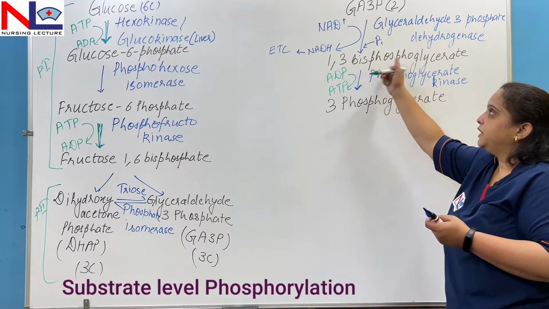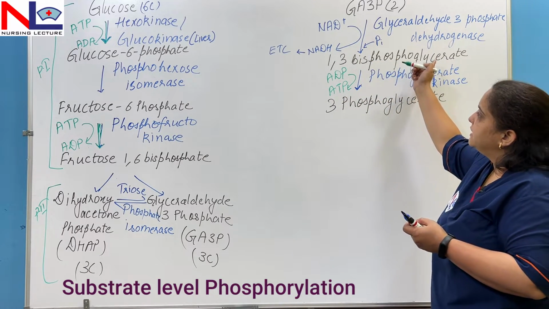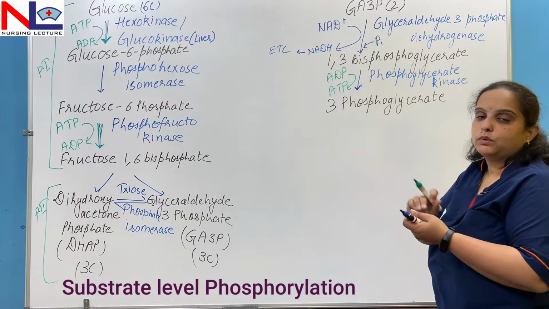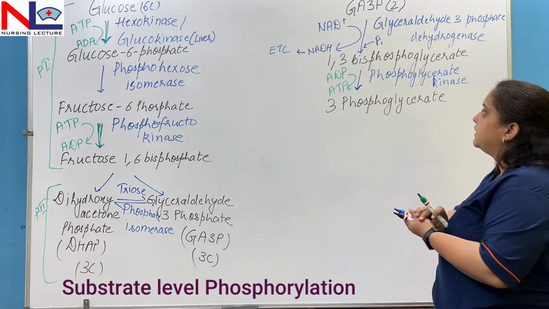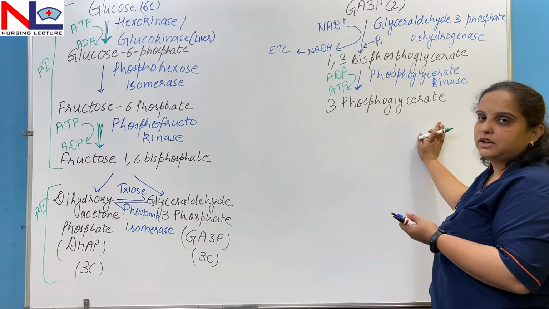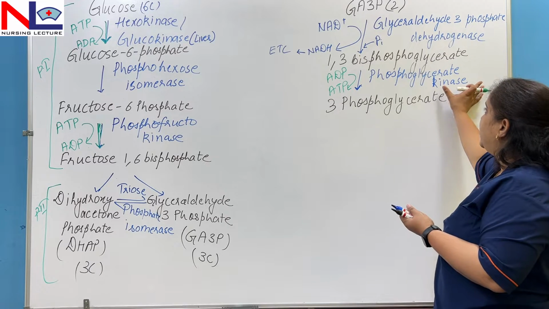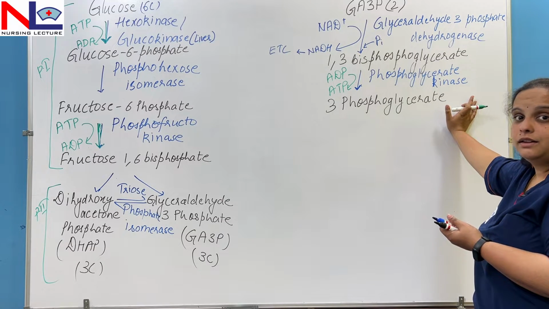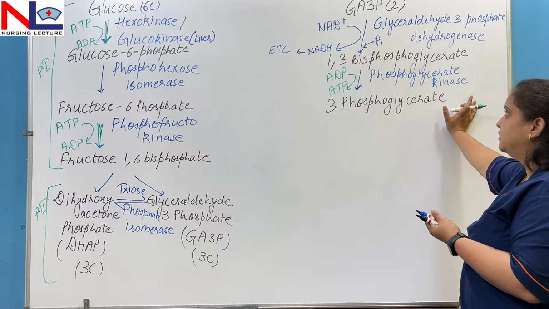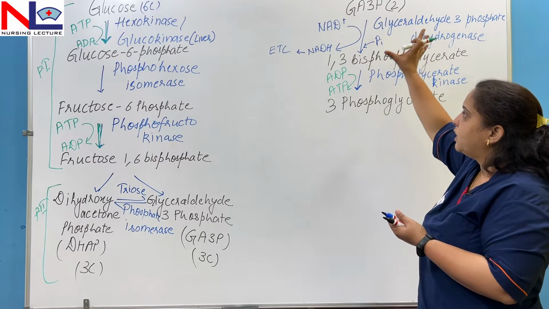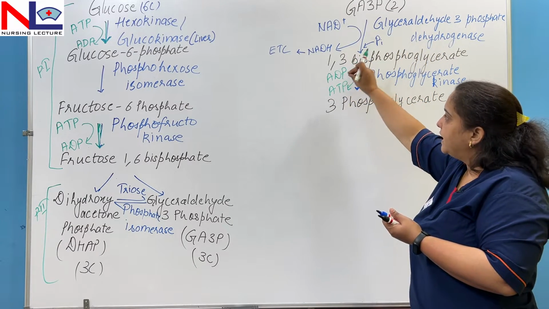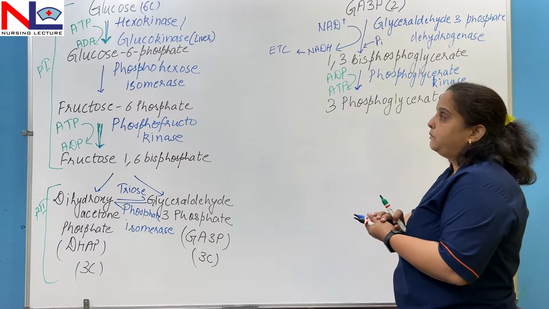One phosphate group from this substrate is added to ADP and it is converting into ATP triphosphate, and thereby it forms 3-phosphoglycerate. So again this kinase helps in substrate level phosphorylation, where the phosphate group is ripped off the substrate and added to this ADP molecule.